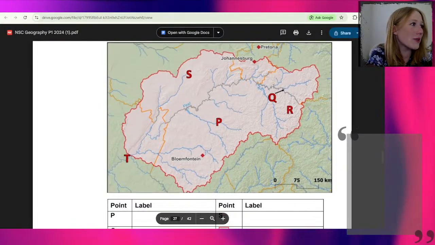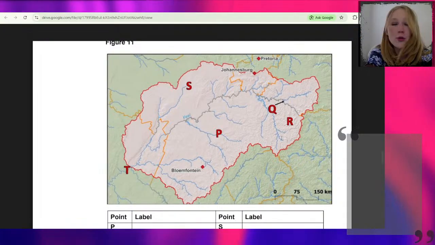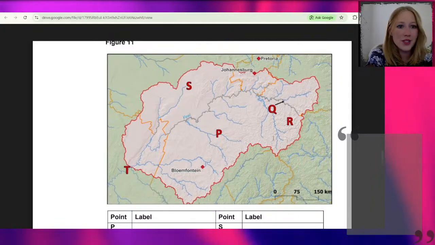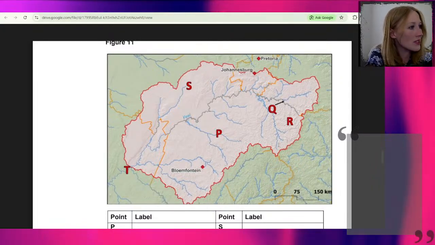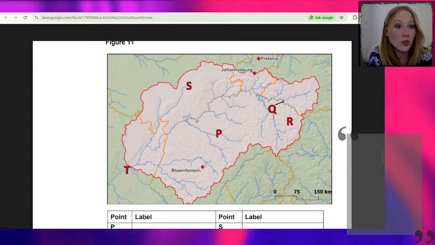So I would number them. I would number these 1 and 1. Where you've got two of the same stream orders meeting, so stream order 1, stream order 1, they would meet together and make stream order 2.